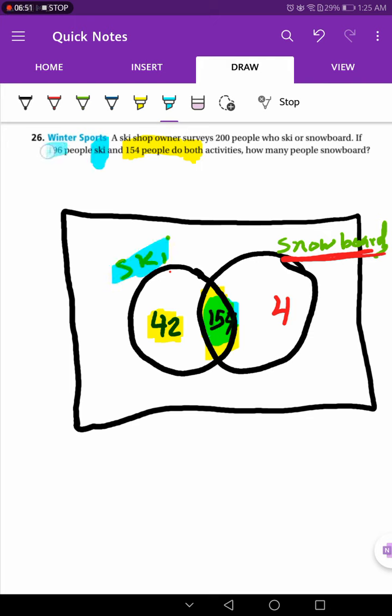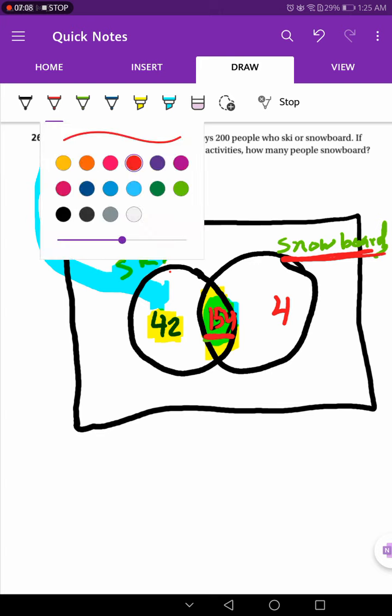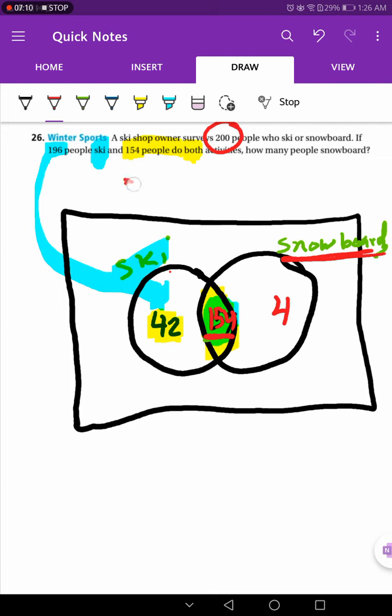I cannot put the 196 here until I cut 154 from it. What else, teacher? You know the total number, take it and cut from it 196, which gives you this number.